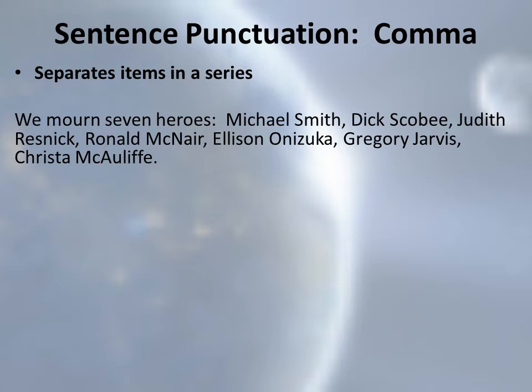So even without the word 7, we can tell that there are 7 separate individuals being mourned. And between their names we see commas. Michael Smith, comma, Dick Scobie, comma, Judith Resnick, comma, and so forth. That's because we need to know where one person's name ends and another begins. And this could be for anything in a series or a list, not just people's names.